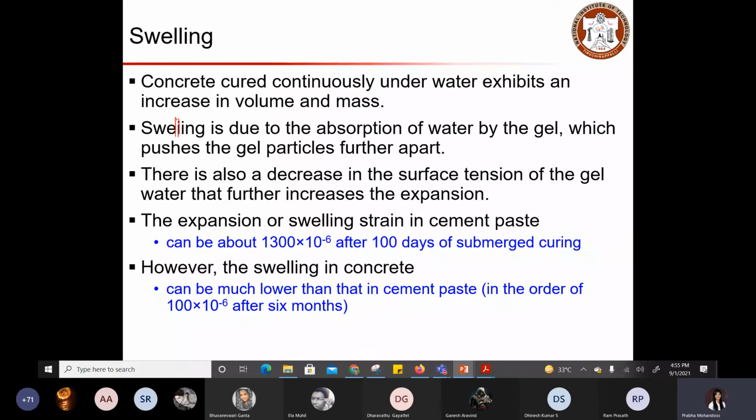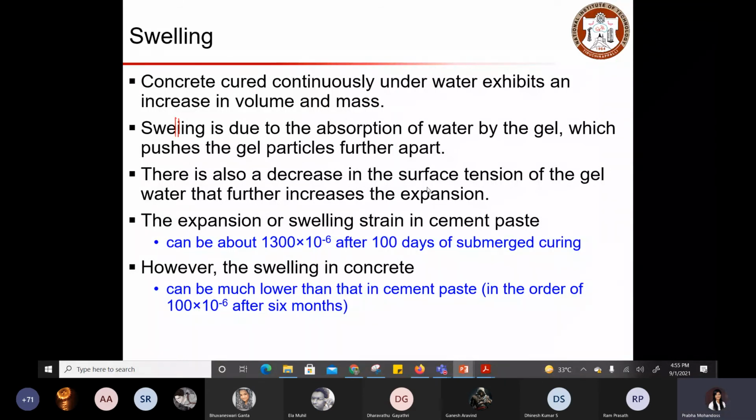Okay. So swelling is due to the absorption of water by the gel, which when it absorbs moisture, pushes the gel particles apart and makes them expand.